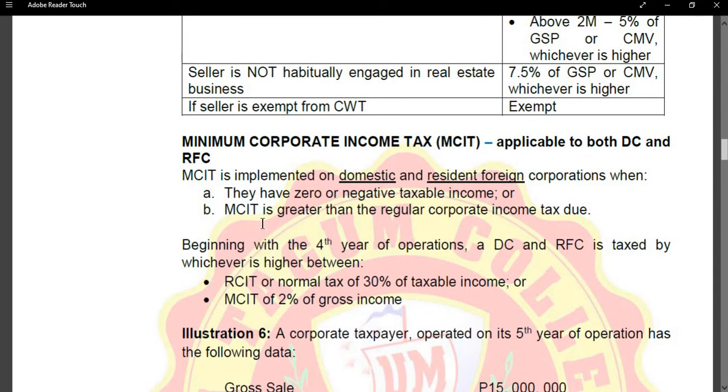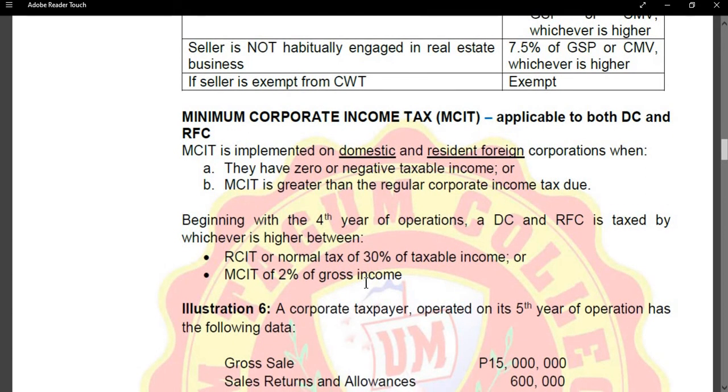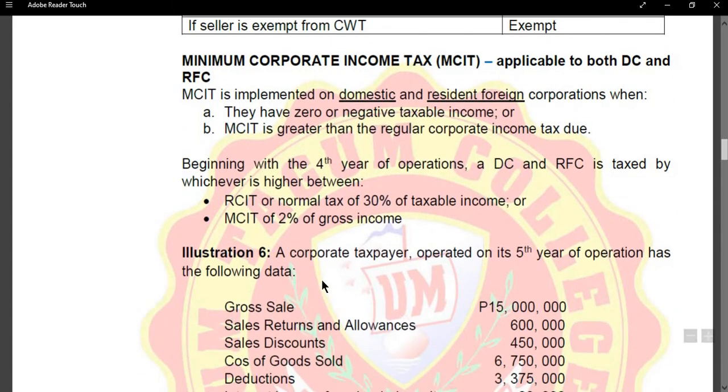So, of course, MCIT only applies at the beginning of the 4th year of operation. A domestic corporation and resident foreign corporation is taxed by whichever is higher between RCIT or normal tax of 30% or MCIT of 2% of gross income.